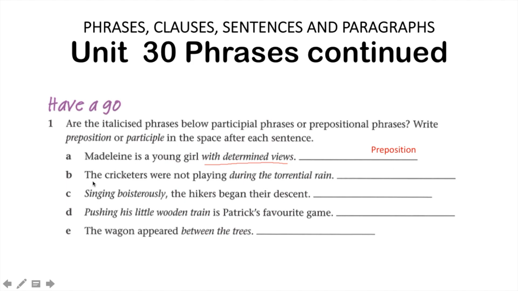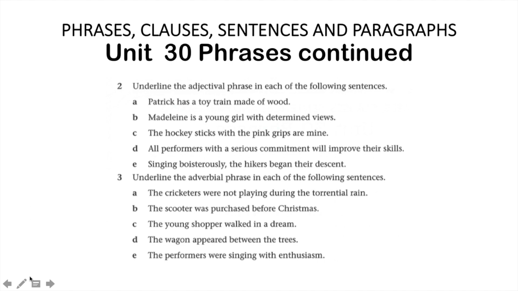For the second one, the cricketers were not playing during the torrential rain, is again another prepositional one. So you need to go through the remainder of those and see if you can identify them correctly. The next activity, activity number 2, requires you to underline the adjectival phrase in each of the following sentences.